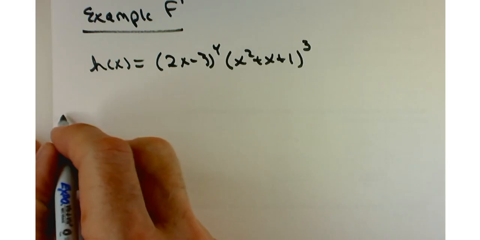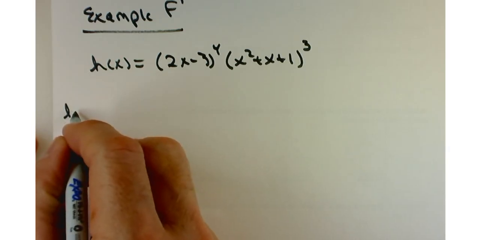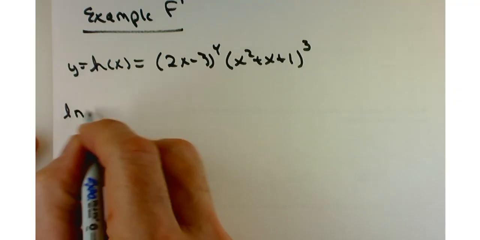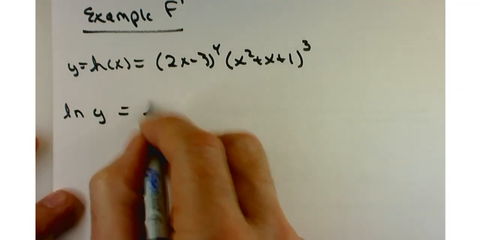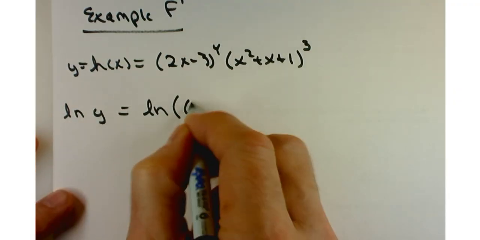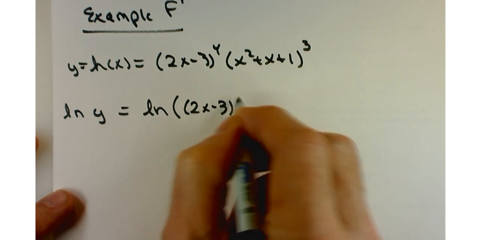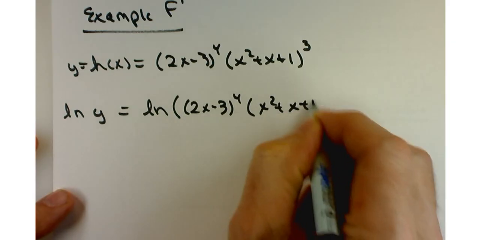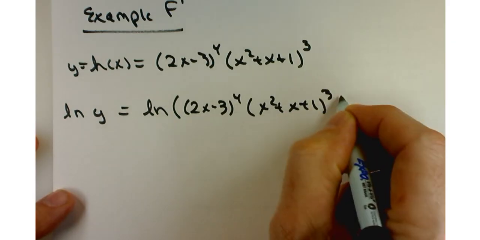So I'll have to take the natural log on both sides. We'll call this y. ln of y is going to be equal to ln of (2x minus 3) to the 4th times (x squared plus x plus 1) to the 3rd.